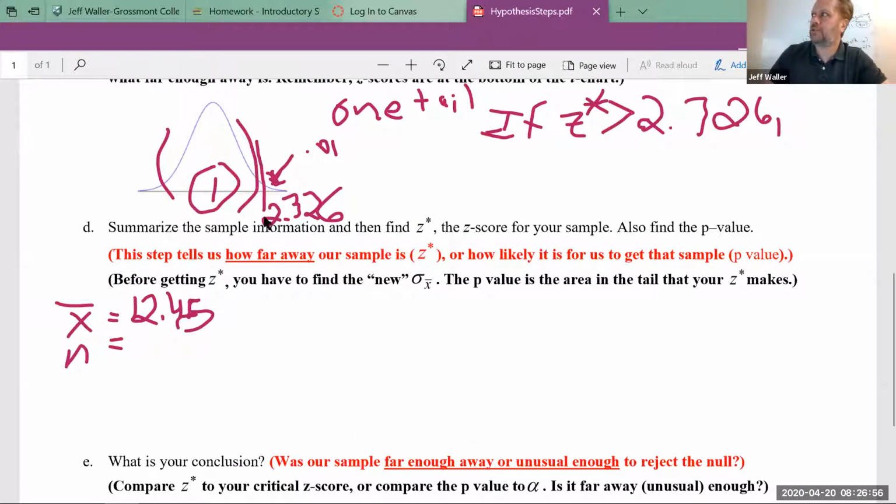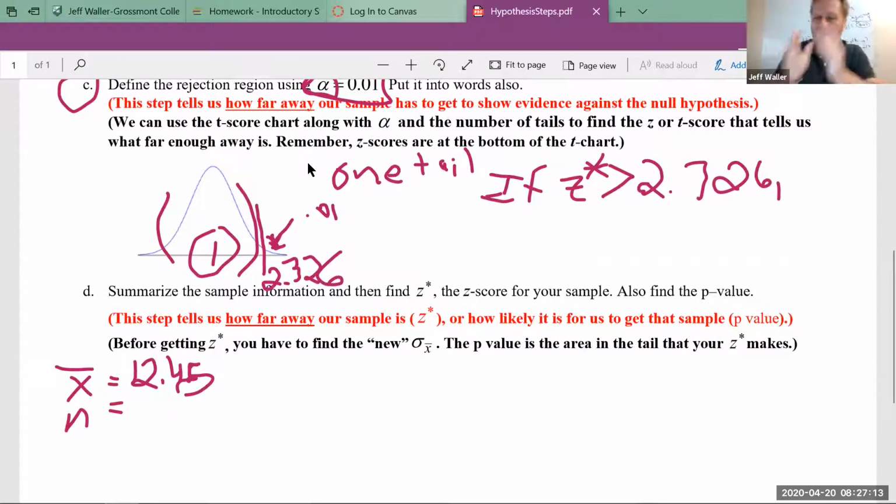Where does close end? So if I get a sample in here, that's not evidence that it's not 10.15. But if I get a sample way up there, that's not where it should be. It should be close. Do you guys get that? That's what step C is. If it's above 2.326, it's so far away from what would be expected that the original assumption must be wrong.